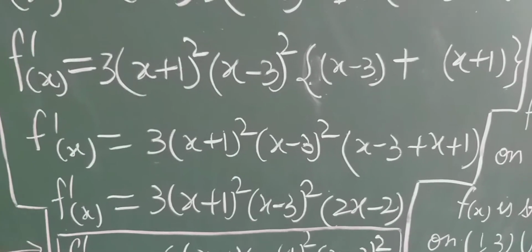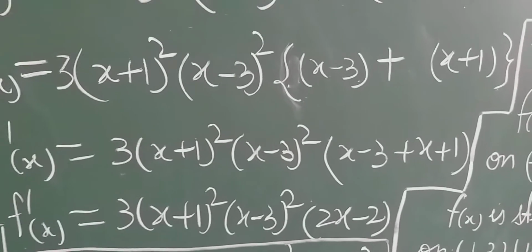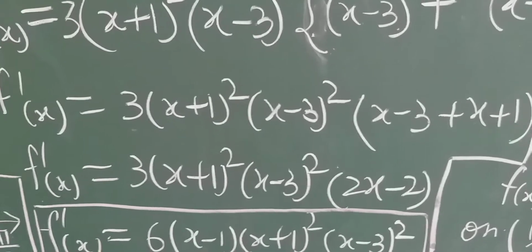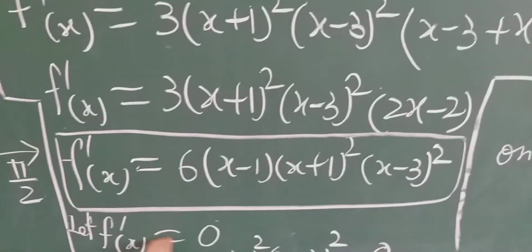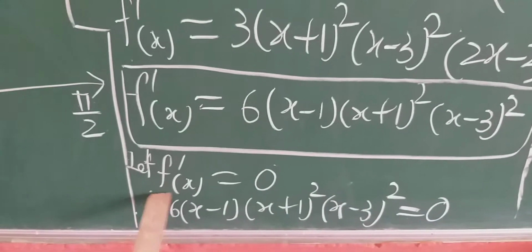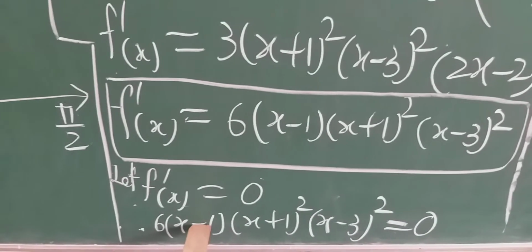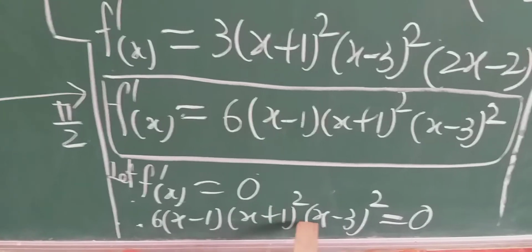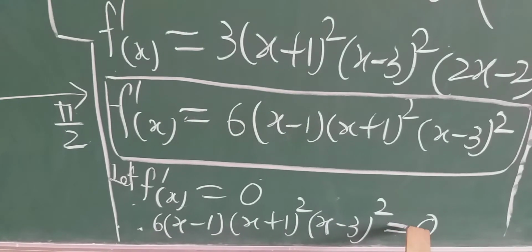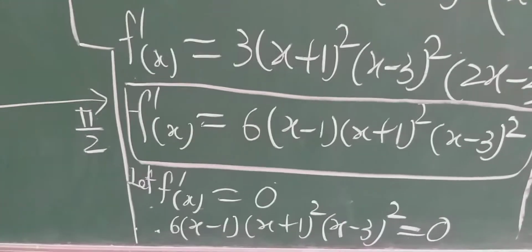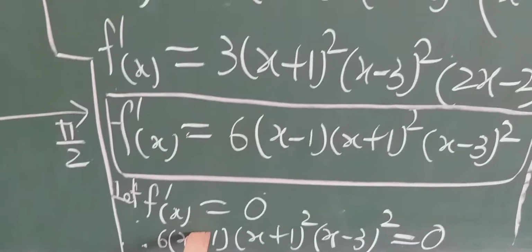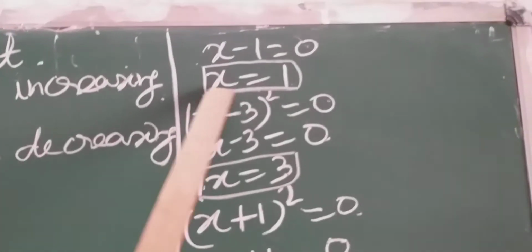Now students, you know the second step. In the second step we have to put f dash x equals 0 to find the interval. So f dash x equals 0, then 6(x minus 1)(x plus 1) whole square (x minus 3) whole square equals 0. So first we put x minus 1 equals 0, then x equals 1.